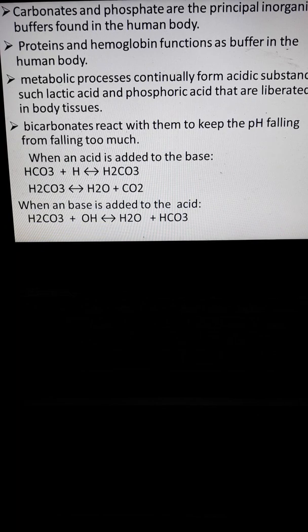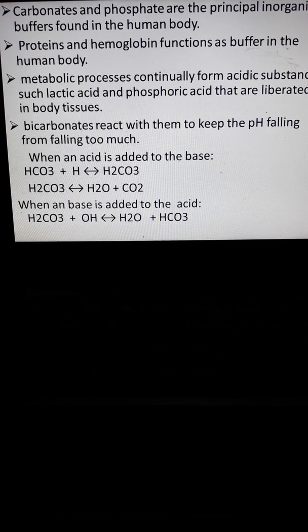So bicarbonates react with them to keep the pH from falling too much. If there is lactic acid and acid in the human body, our body maintains a neutral blood pH of 7.